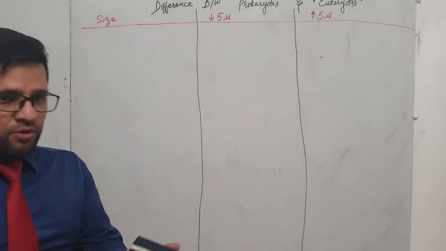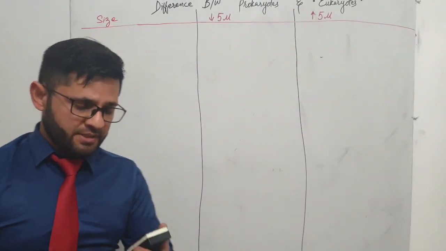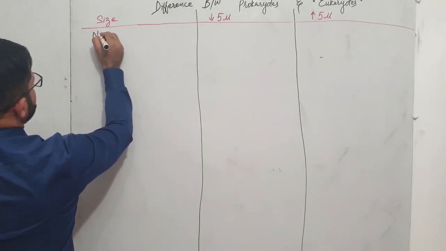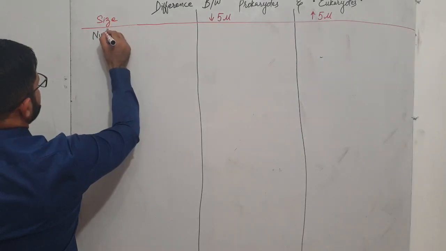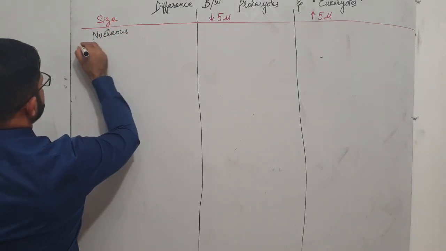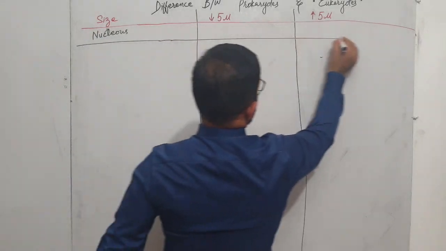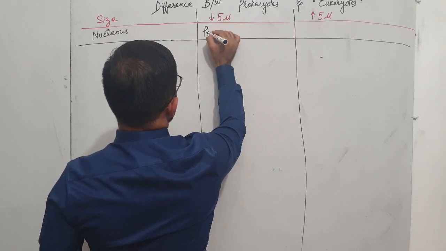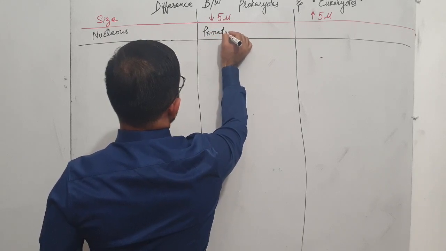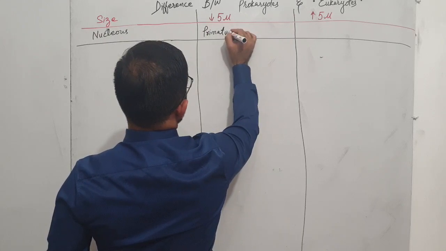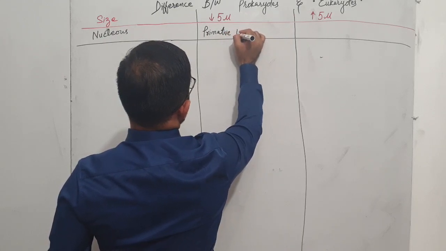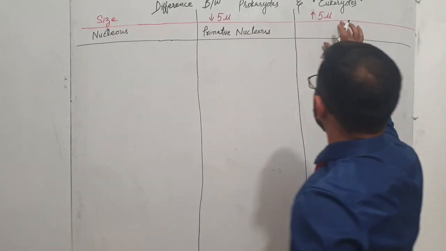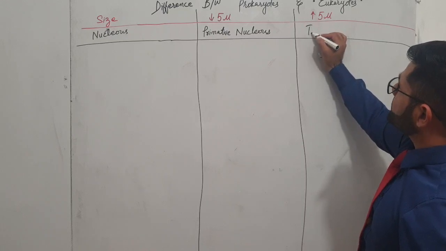Okay. Now let's start with the nucleus of prokaryotes and eukaryotes. The nucleus of the prokaryotes is a primitive nucleus, while the nucleus carried by the eukaryotes is a true nucleus.